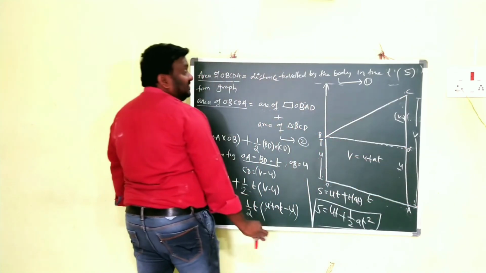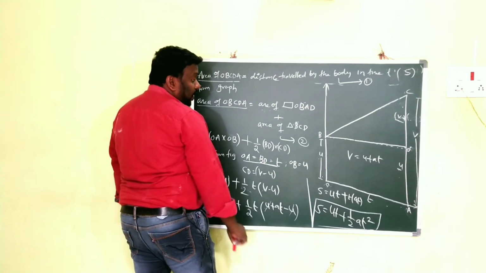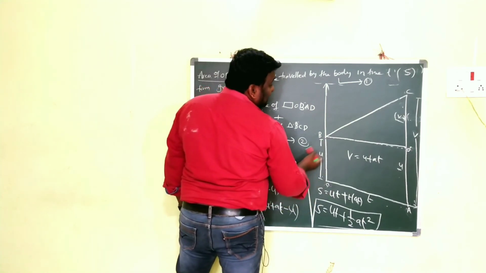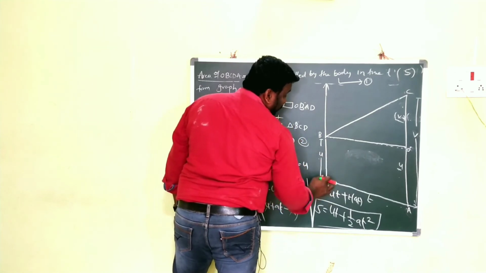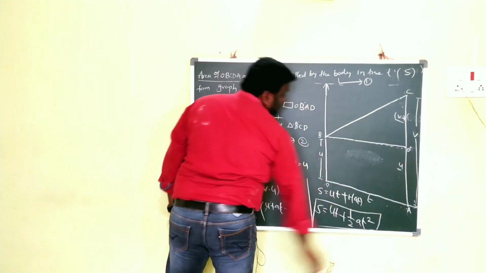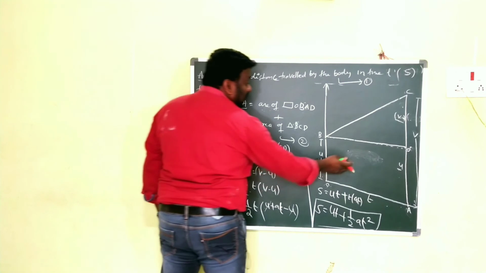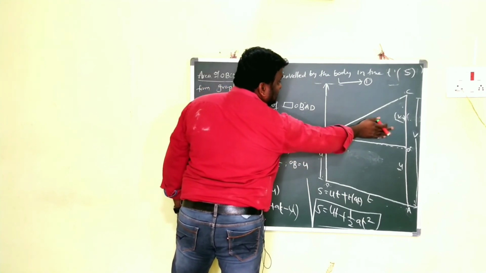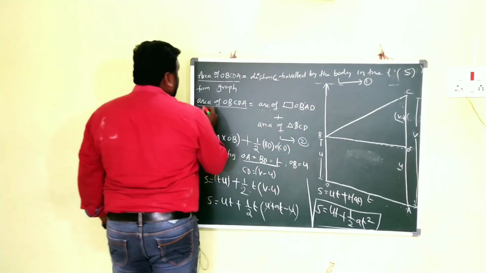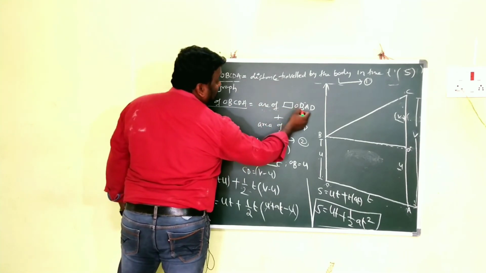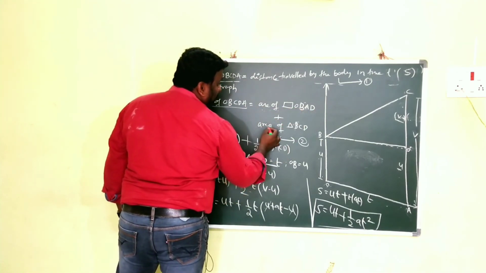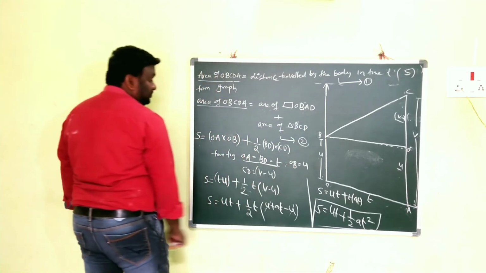So here the area under BC can be written as OBCDA. That is the area under the straight line. After that, children, the area should be taken as two parts. This is the first part, OBAD, that is the rectangle. Area of rectangle plus area of triangle. So area of OBCDA is equal to area of rectangle OBAD and area of triangle ABCD.